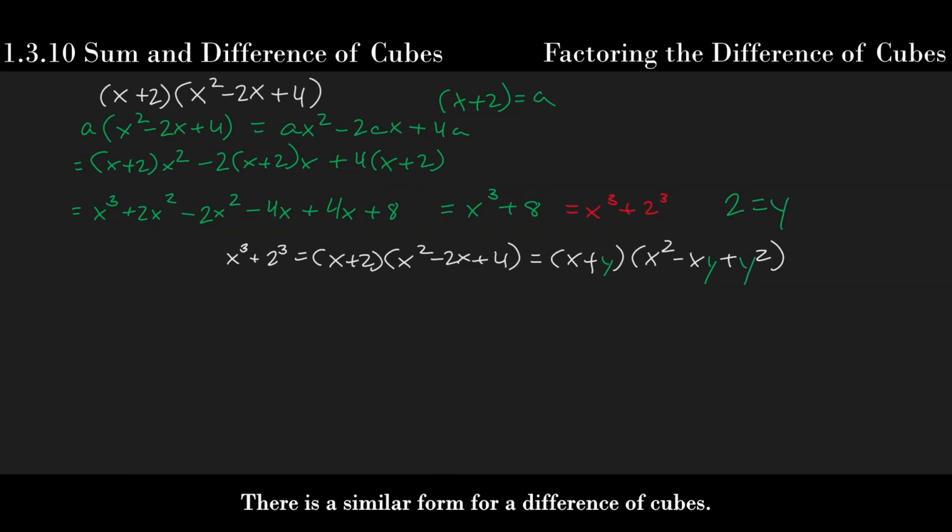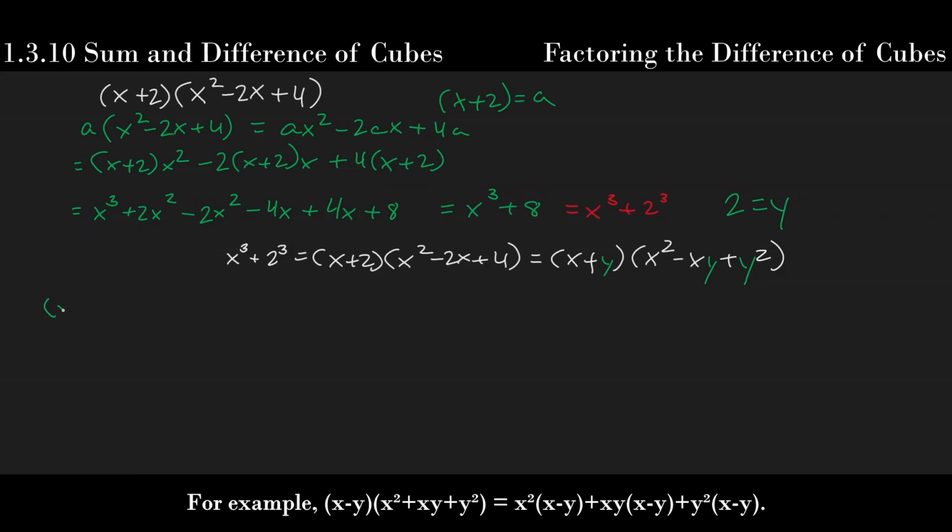There is a similar form for a difference of cubes. If the first two signs are swapped, we'll have a difference of cubes. For example, x minus y times x squared plus xy plus y squared equals x squared times x minus y plus xy times x minus y plus y squared times x minus y.